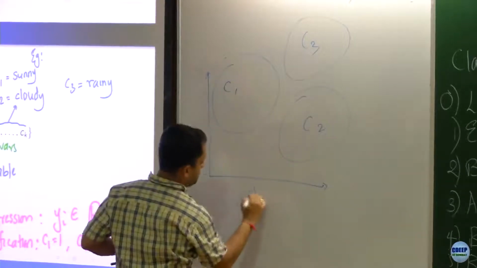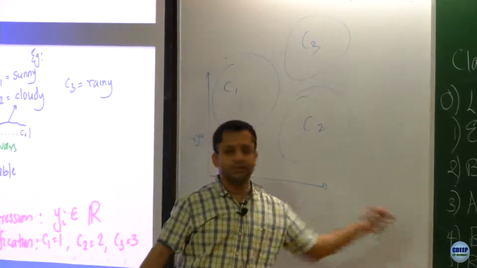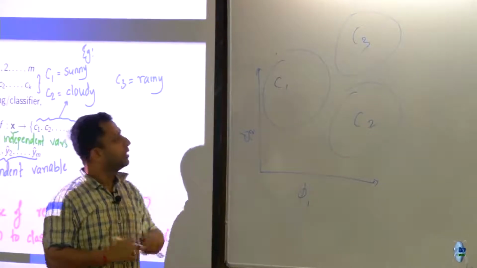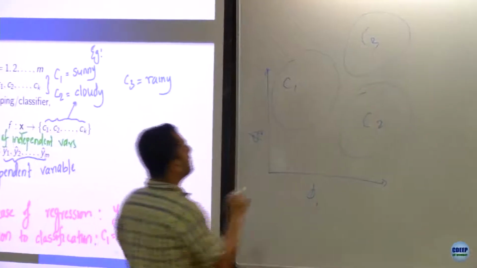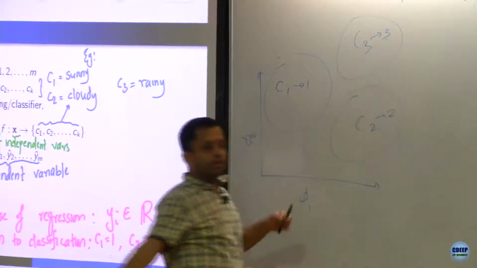This is phi 1, this is phi 2. Since we already mentioned basis functions, I am just developing on that. So there are two basis functions, phi 1 and phi 2. Now saying that C1 maps to 1, C2 maps to 2, and C3 maps to 3.